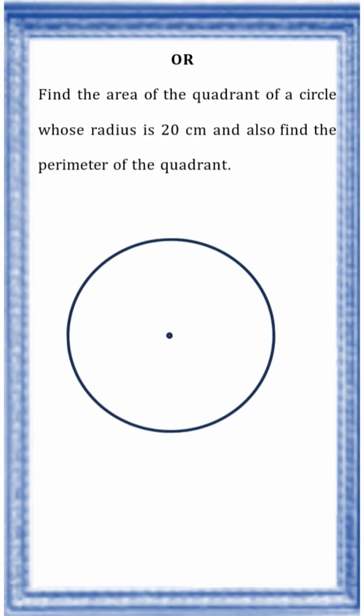Or you can also solve this question. Find the area of the quadrant of a circle whose radius is 20 centimeter, and also find the perimeter of the quadrant. I have drawn the circle here with the center O and the quadrant. Quadrant means one fourth of the circle, so the central angle is 90 degrees.